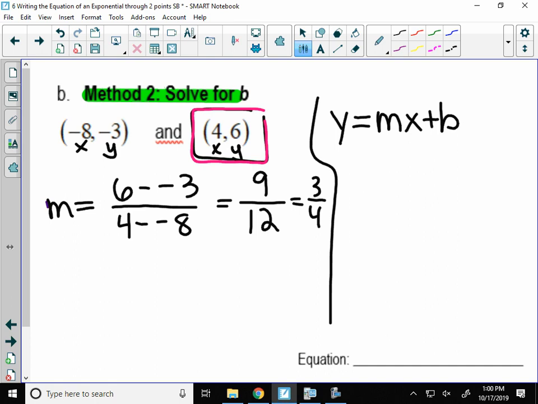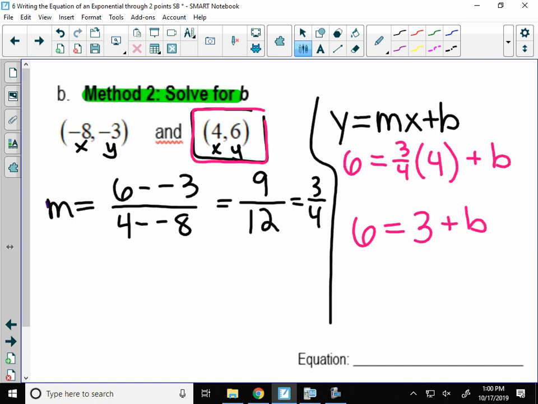So for y, I'm going to put the 6 equals, what was my slope? 3/4 times that x value, which is 4, plus b. And then I'm just going to simplify. What's 3/4 times 4? It's not 4. Oh, it is the end of a week for sure. It's 3. Plus b. All right, good recovery.